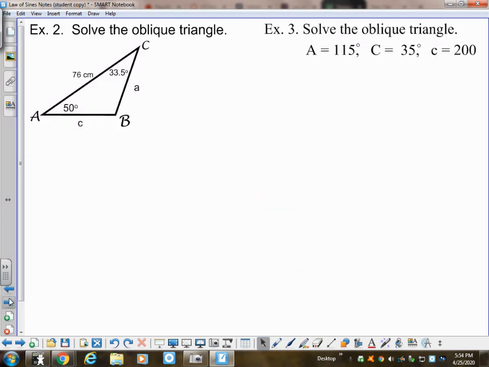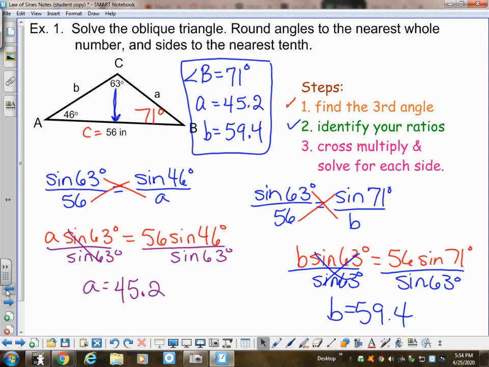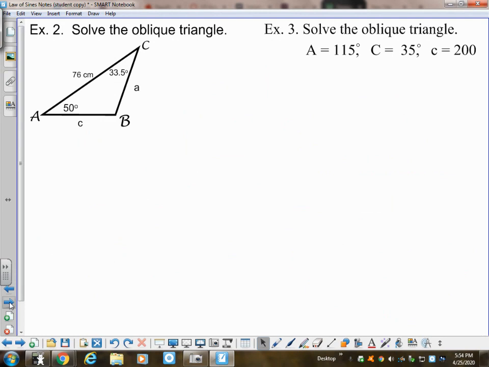Now that previous one was an angle, and then a side. The next example has the side between the two angles. Label everything that isn't. First thing, find my third angle.